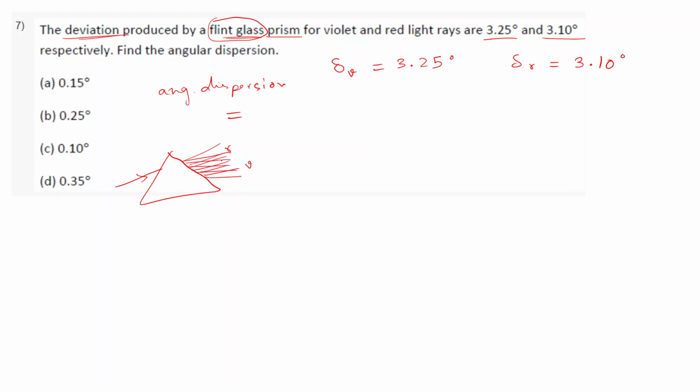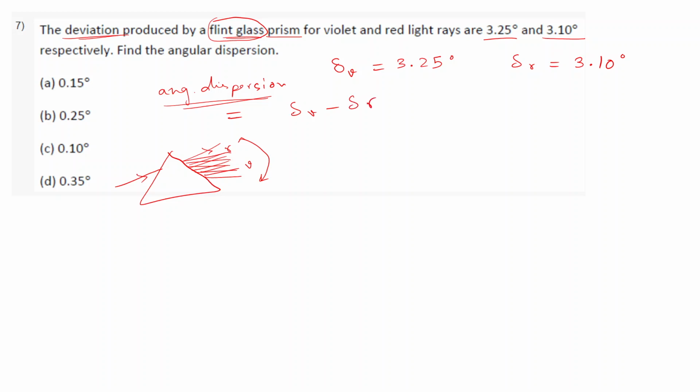Actually it bends, and in this angular range it starts bending one light at this particular angle and other lights to a higher and higher angle, and the angular range it covers is what we were calling angular dispersion. So we will get the angular dispersion by delta V minus delta R.